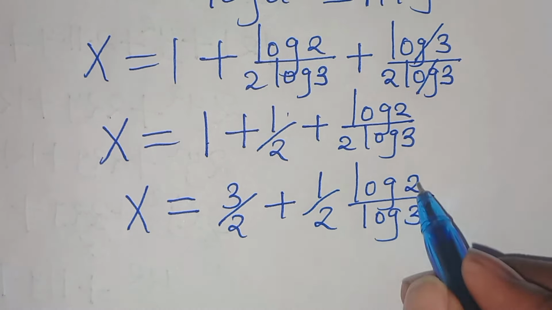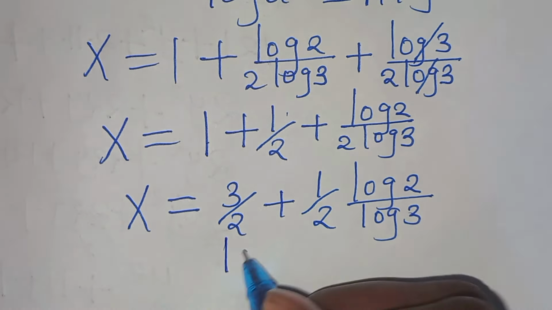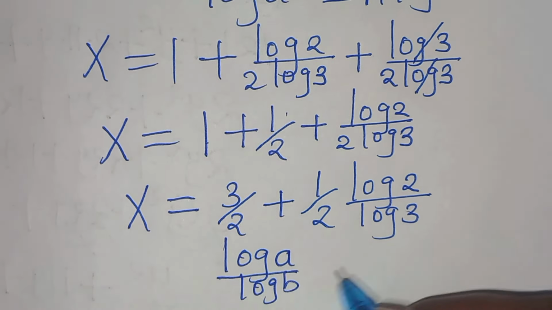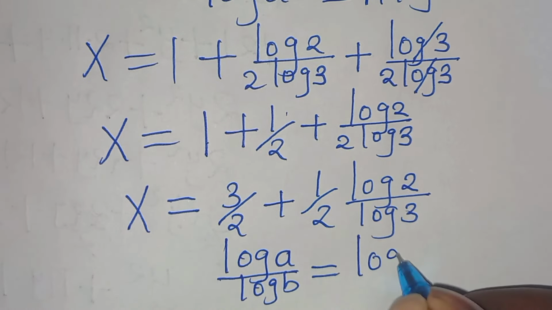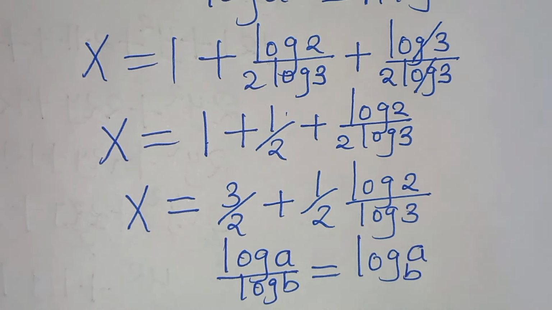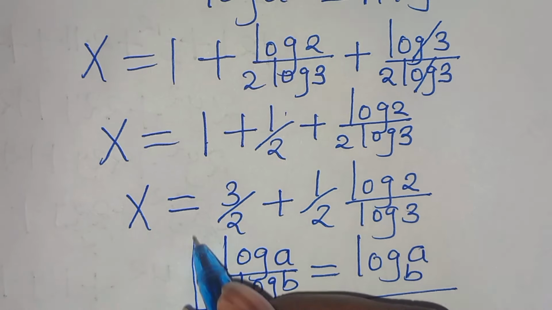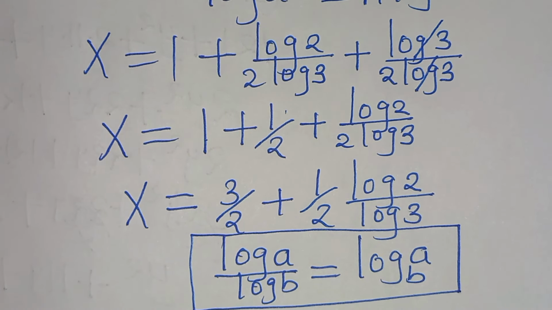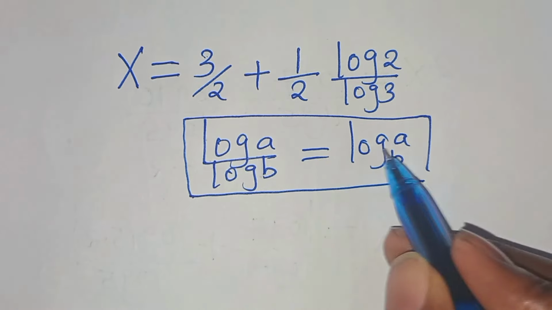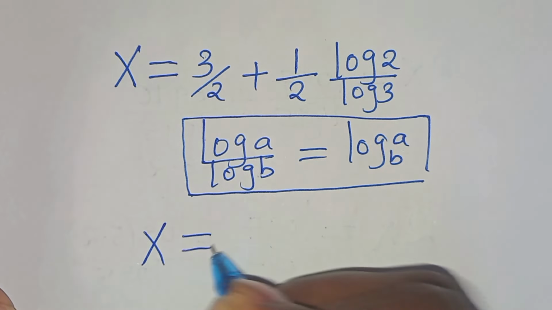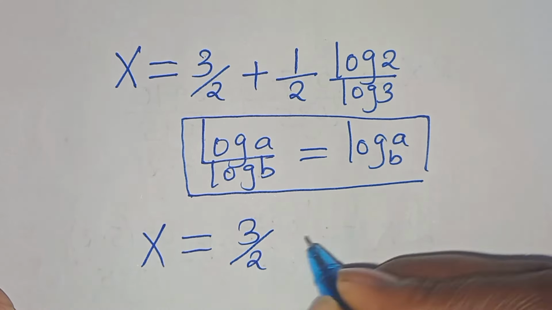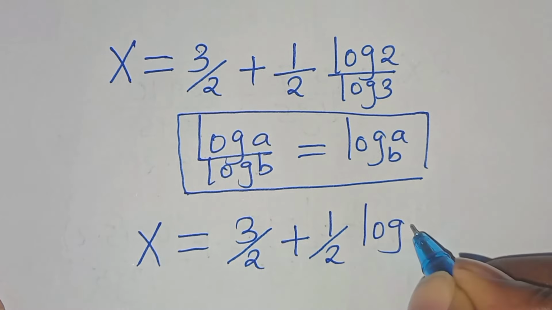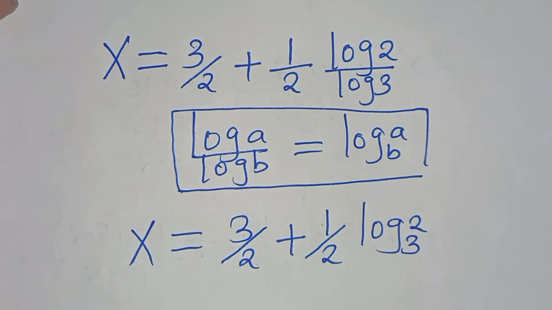Now you find that log 2 over log 3 is in the form of log a divided by log b, and this can be expressed as log a to base b. So let's apply this logarithm property so that x is equal to 3 over 2, plus a half log 2 to base 3.